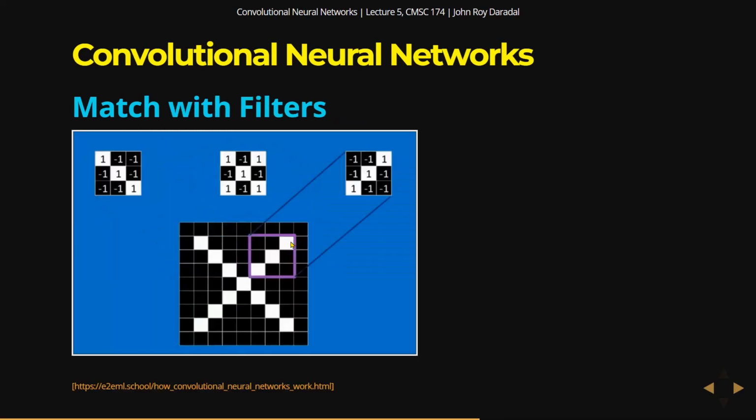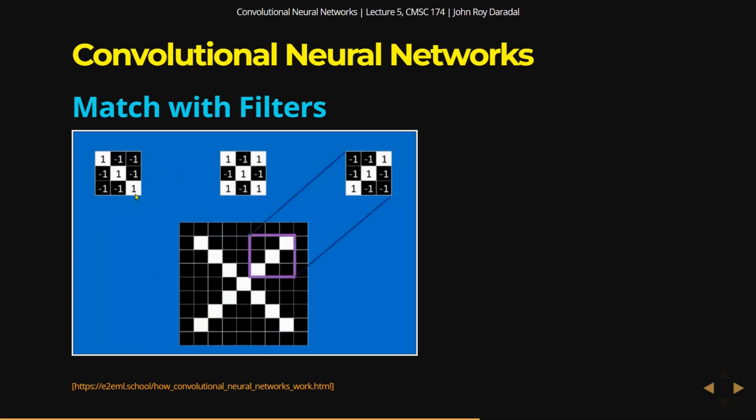So we will match using filters. Our filters are like patterns, or features. For example, we have the left diagonal filter here, the X filter here, and the right diagonal filter here. Then we will slide them over, or align them with some of the blocks here.